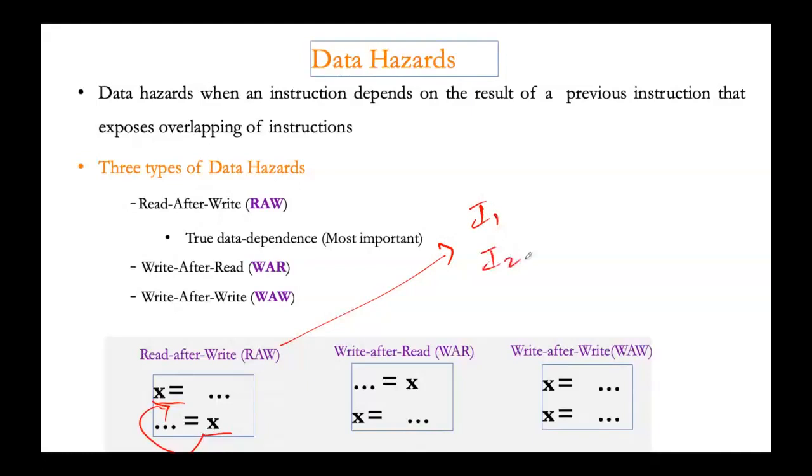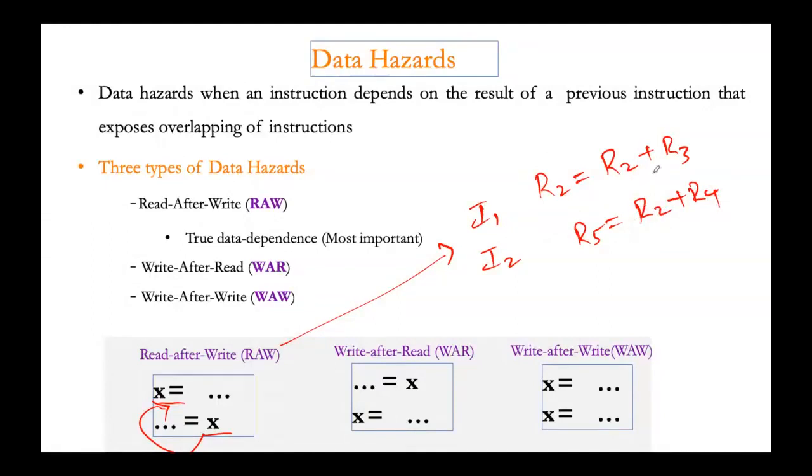Instruction 1 says R2 = R2 + R3, and the second instruction says R5 = R2 + R4.